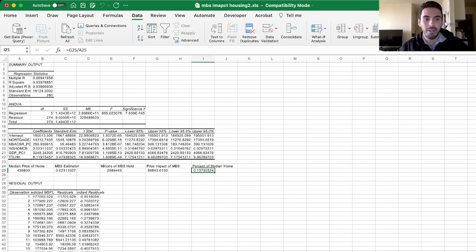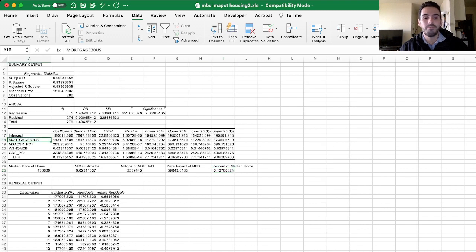Another interesting point here, if we look at the estimator for the 30-year fixed mortgage rate, it says that for a 1% increase in the 30-year fixed rate, the price of the home will fluctuate by about $14,500 roughly.